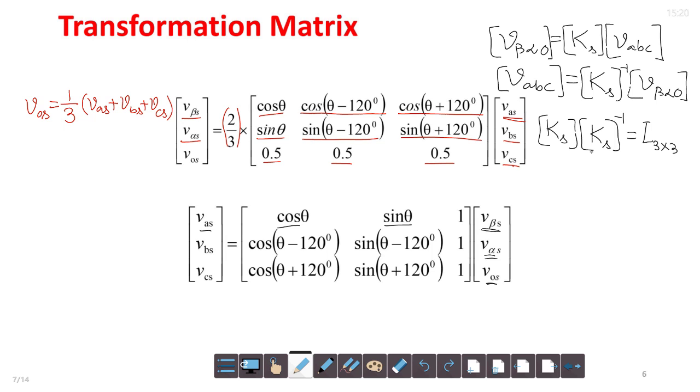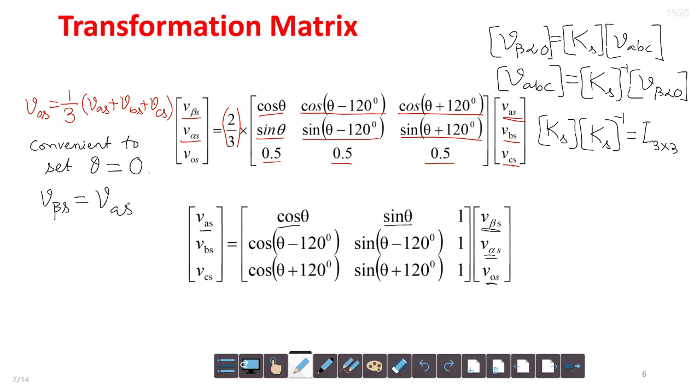Now it is very convenient to set theta equal to 0 degree. This is the generalized derivation. With theta equal to 0 degree, you can see V beta S equals V A S, because the beta axis coincides with the A axis.